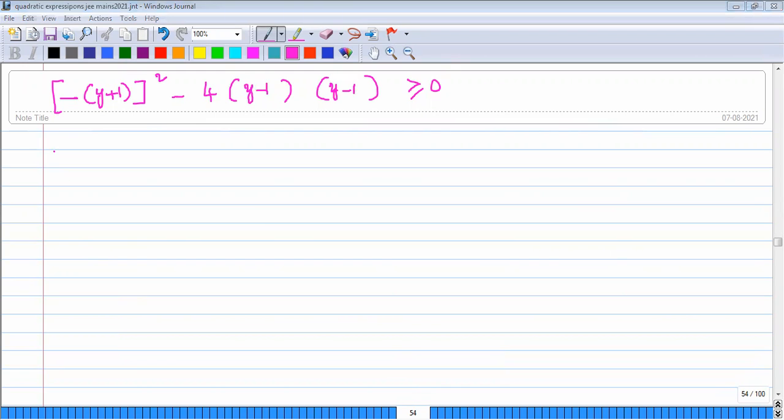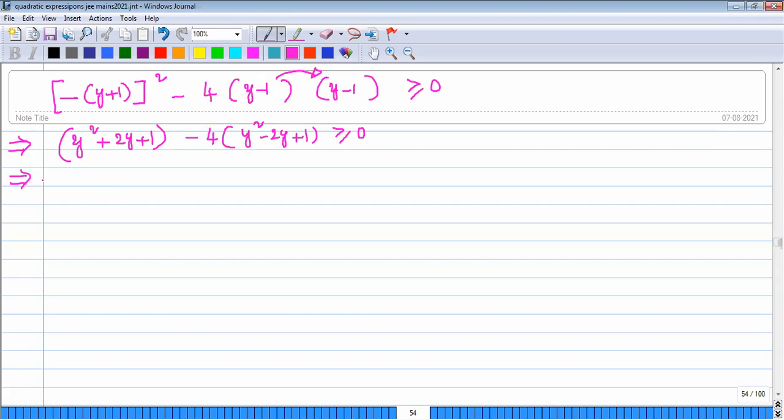Let us simplify this one. Minus of (y plus 1) whole square is positive only, (y plus 1) whole square, which can be written as y square plus 2y plus 1, minus 4 times (y minus 1) whole square, which is y square minus 2y plus 1, greater than or equal to 0.